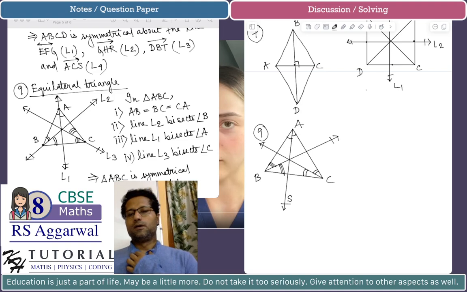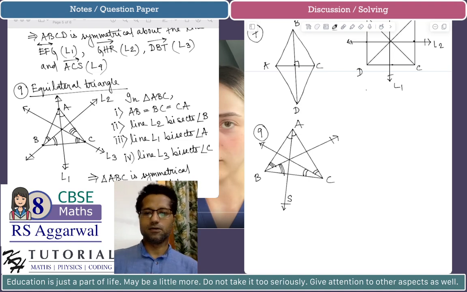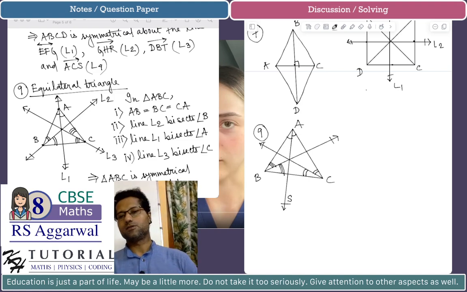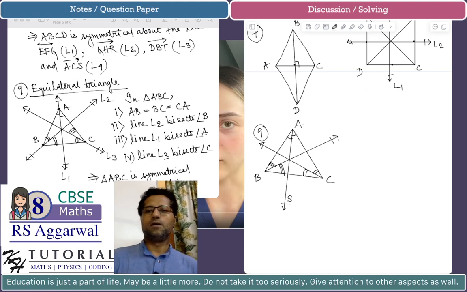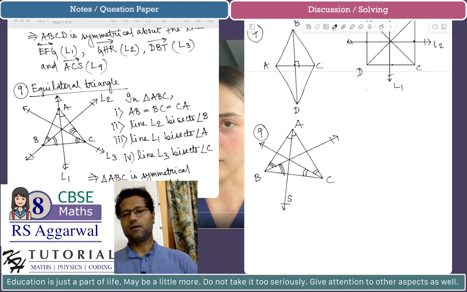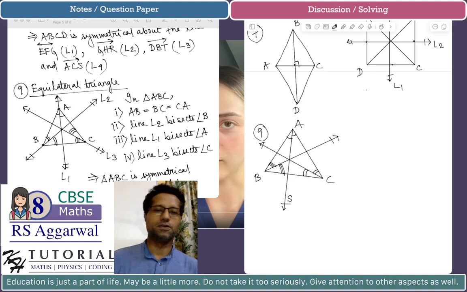So there are three angles in a triangle, and if the triangle is equilateral, then we will have three angle bisectors. All the angle bisectors in an equilateral triangle are lines of symmetry. So an equilateral triangle has three lines of symmetry.